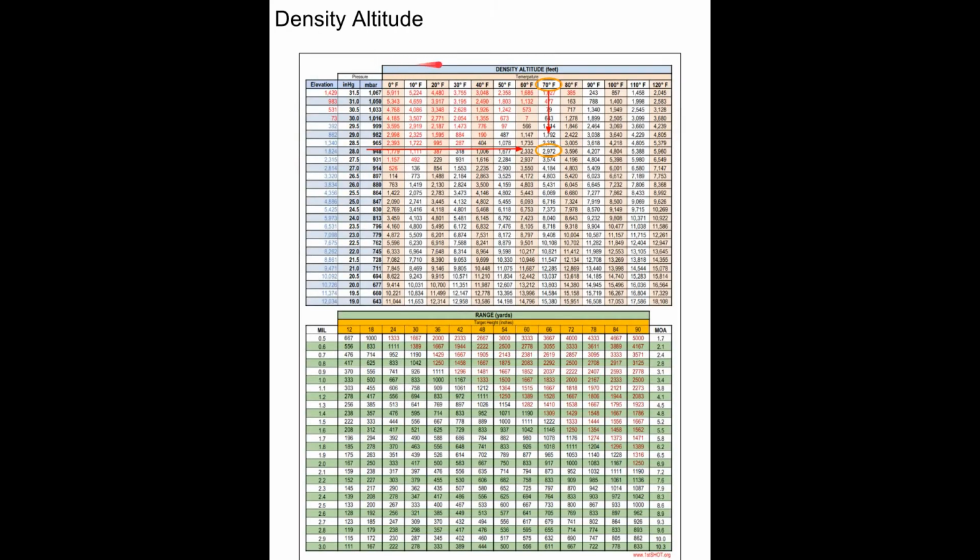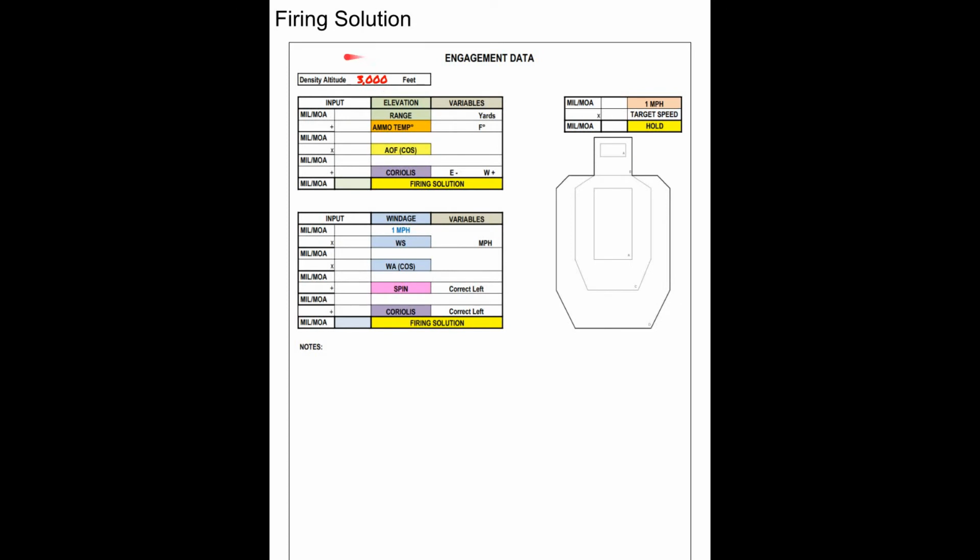So we determined earlier that with density altitude, we were looking at 28 inches mercury, 70 degrees, 3,000 feet. So what we'll do is we will put that into our firing solution right here on the engagement data card. So density altitude, 3,000 feet.